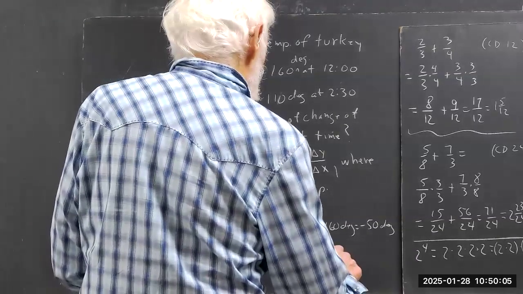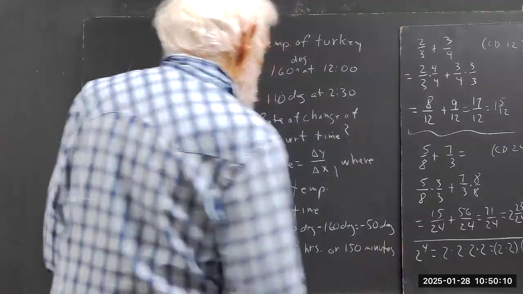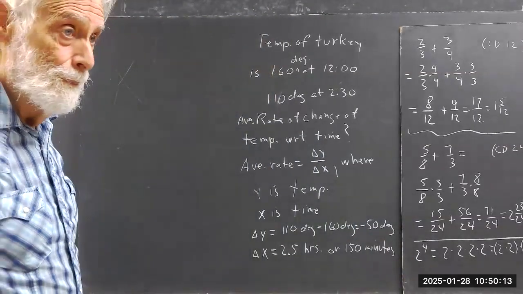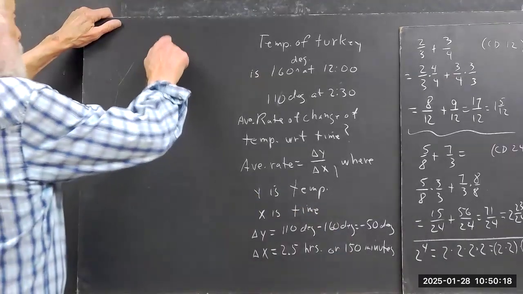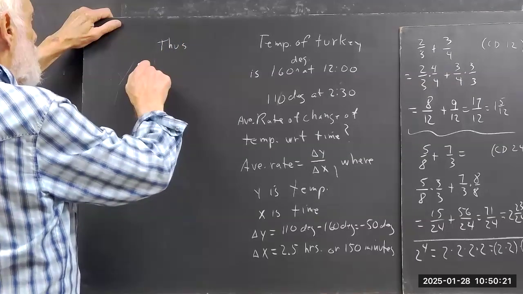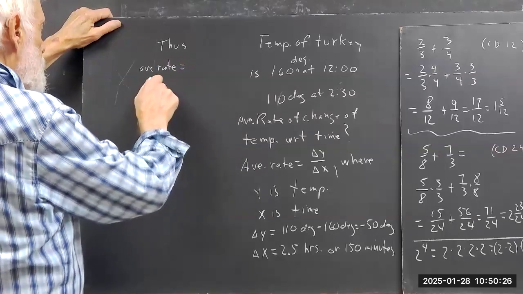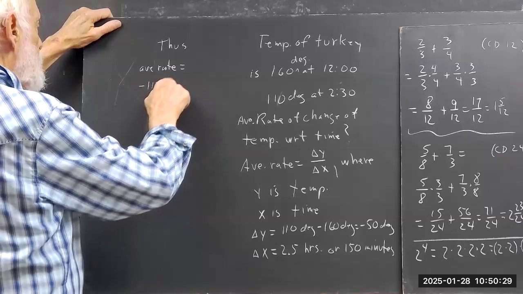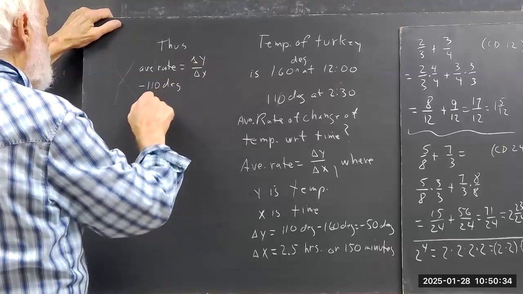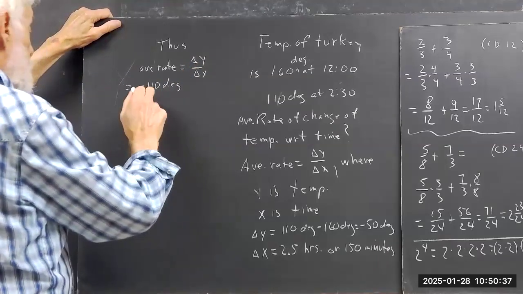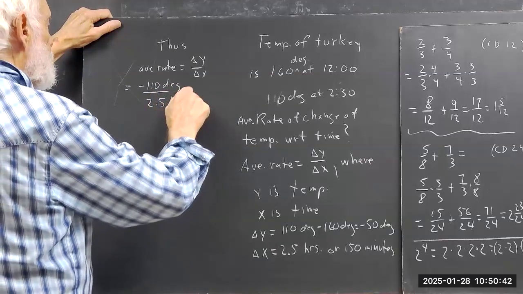Or a minute. So you could use either. So it's negative 110 degrees over 2.5 hours.